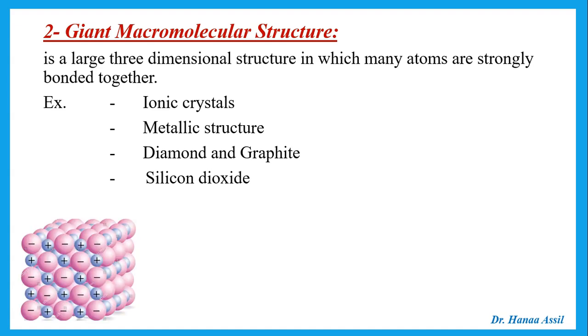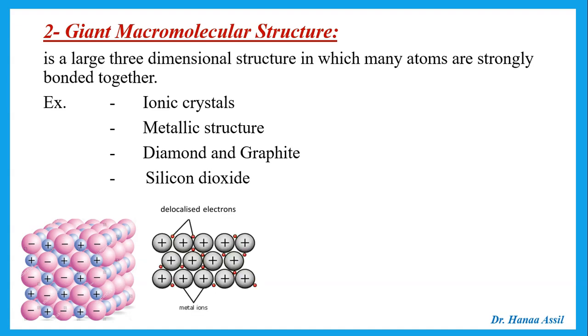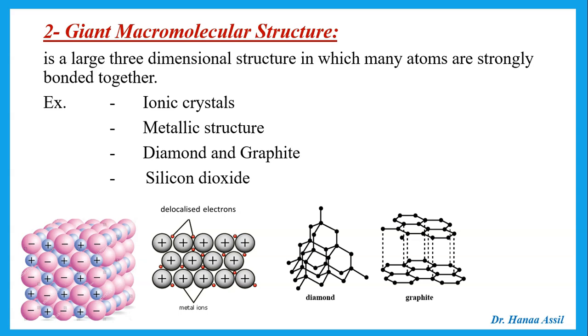Ionic crystals are a giant crystal lattice, a three-dimensional structure with alternating positive and negative ions. Metallic structures are giant, with a lot of positive ions surrounded by delocalized electrons. Diamond and graphite are giant covalent molecules. Also, silicon dioxide is a giant structure.